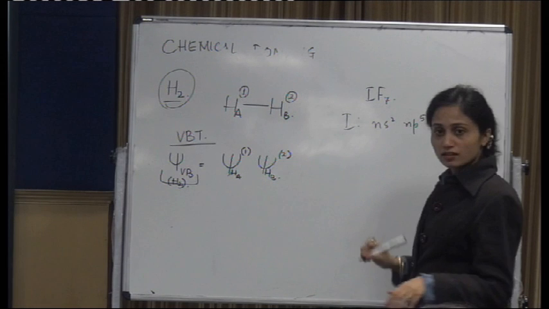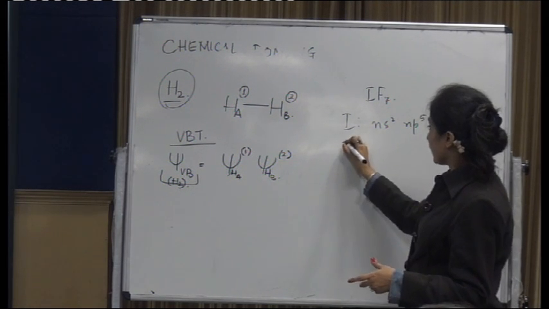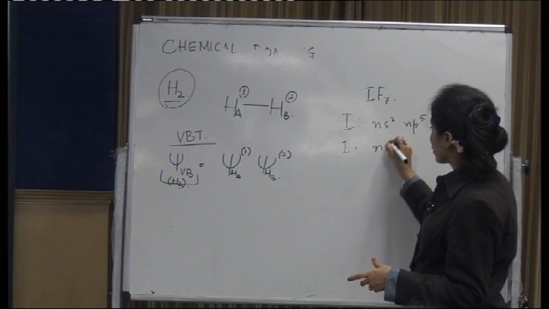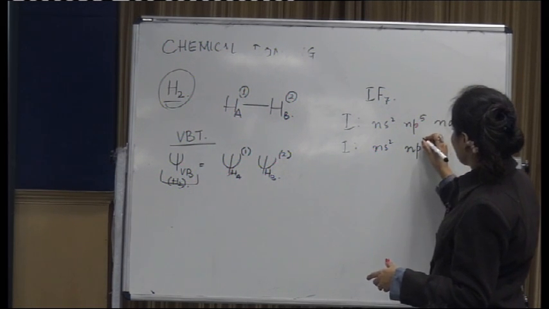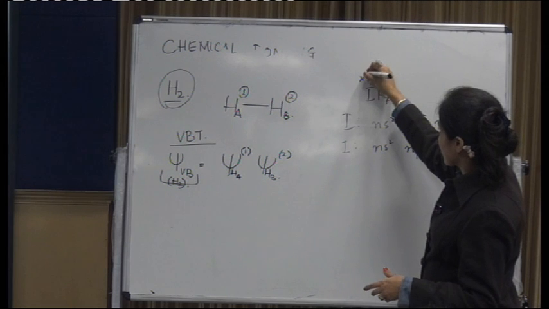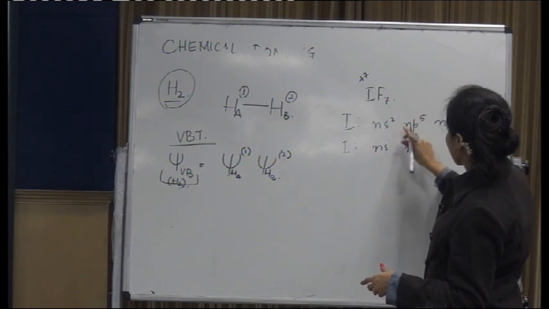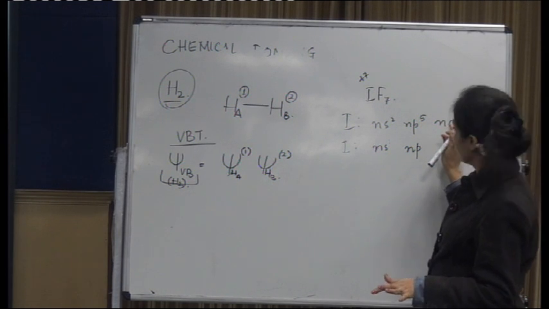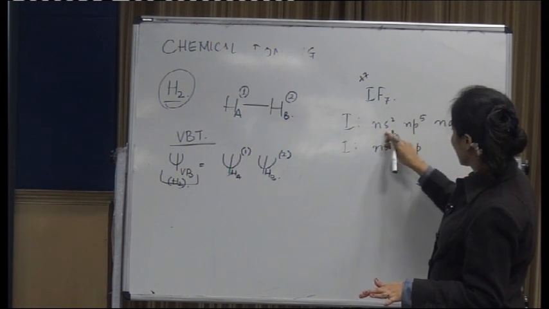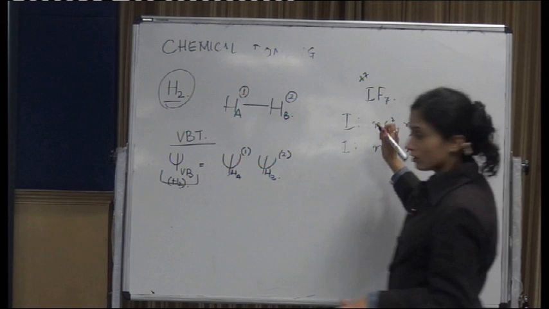Then you excite it. When you excite it, it becomes ns2, np5, this should be plus 7. So in this case you would be making 2 jumps from here and 1 jump from here, right? Is that clear to everyone? 2 plus 3. Do you want me to show it?